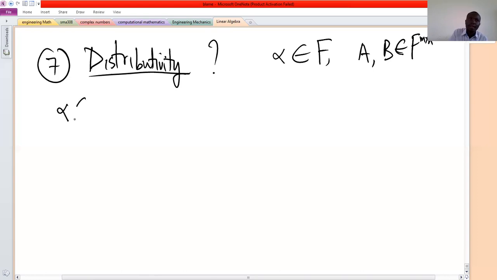then alpha into A plus B will be alpha times the matrix.